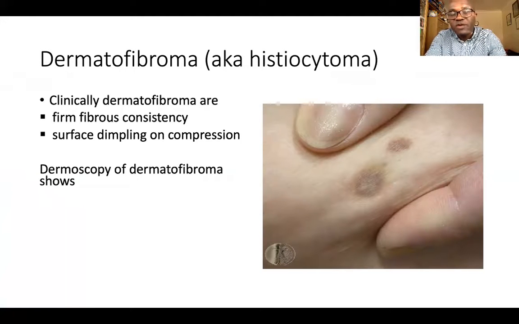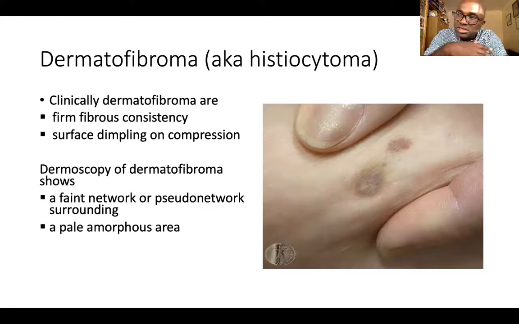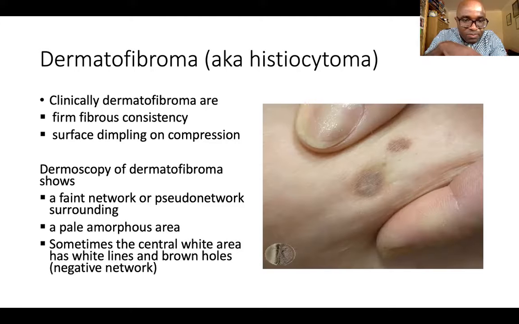Dermoscopy usually shows a faint network or a pseudo network surrounding a pale amorphous area, which sometimes might be pigmented, and sometimes a central white area with white lines and brown holes.